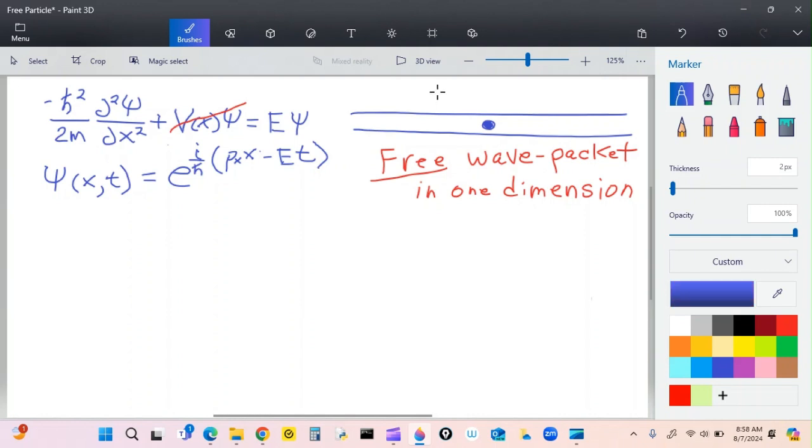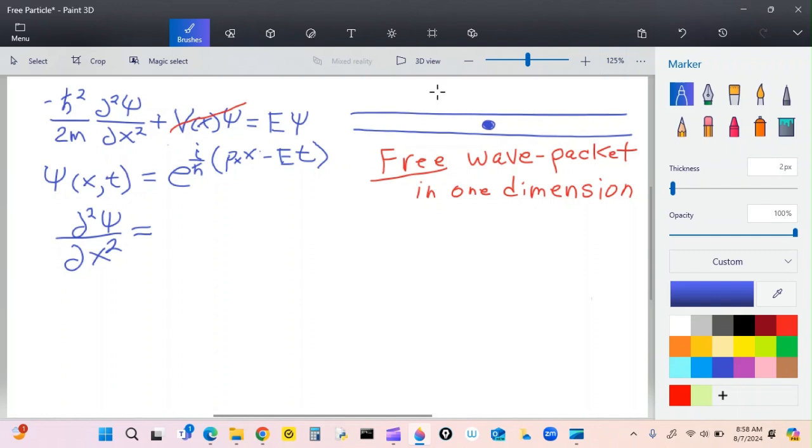So I can call that the second partial of our wave function with respect to x equals, now watch what I do. I'm going to multiply both sides by this reciprocal of this ratio, which will eliminate it on the left-hand side.